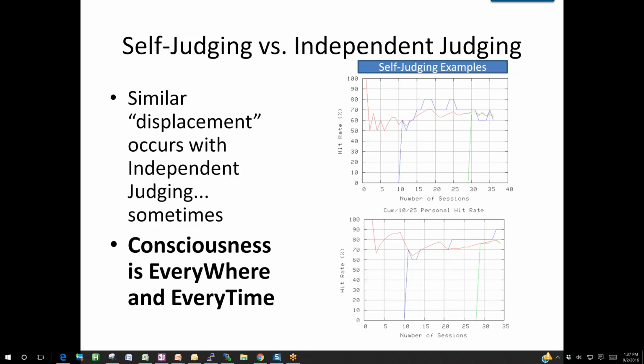So when I usually do my viewing, surprisingly, my transcripts are not always really accurate in terms of my drawings, my AOLs.